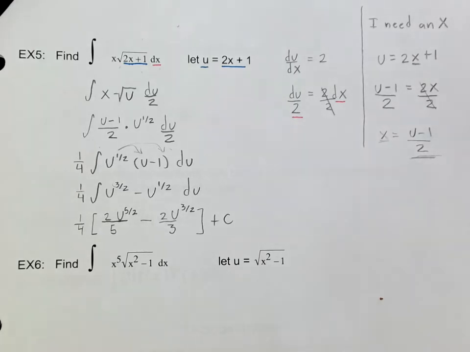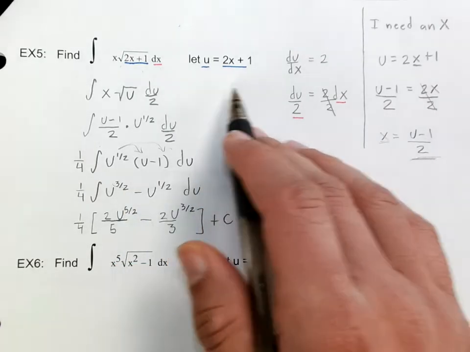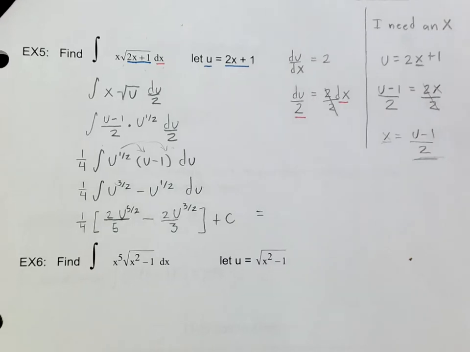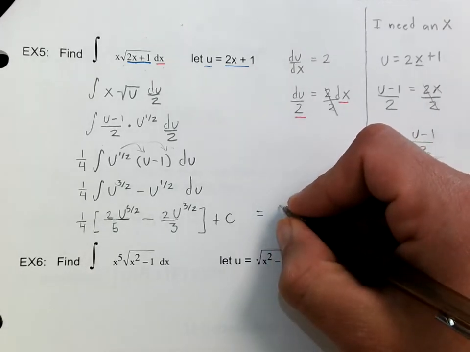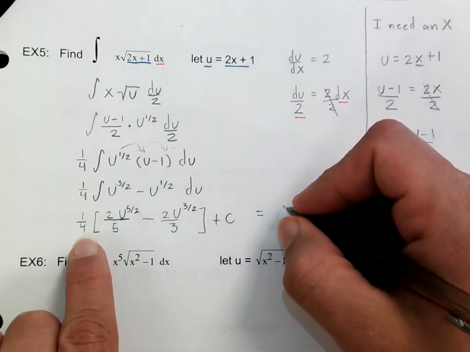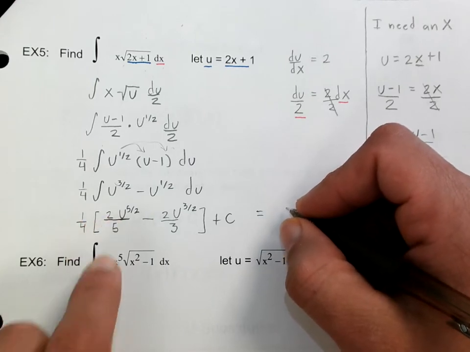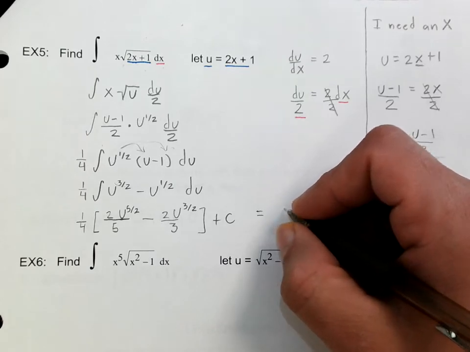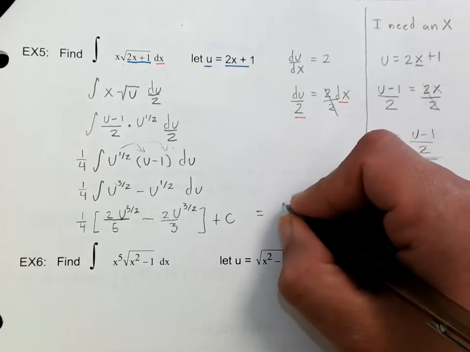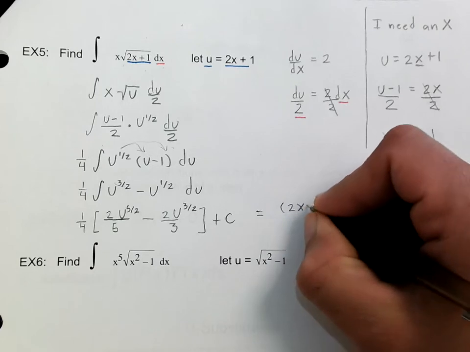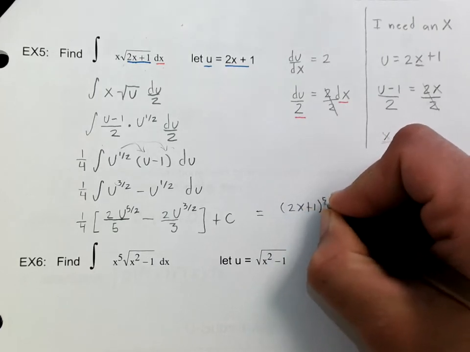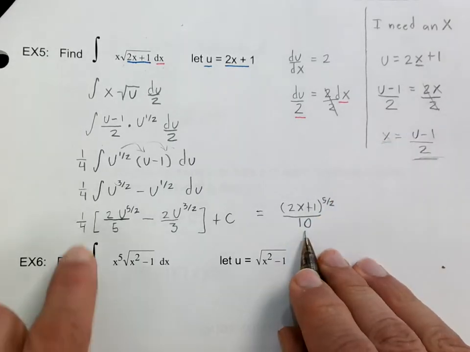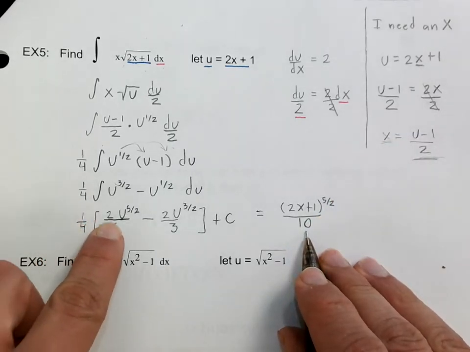Now, after I've done all that, the last step is to substitute back u. I'm going to replace the u's with 2x plus 1. So that's going to be equal to, hopefully you can follow me here, 1/4 times 2/5. That's just going to be 1 over 10. That's where this 10 comes from: me multiplying 1/4 times 2/5.